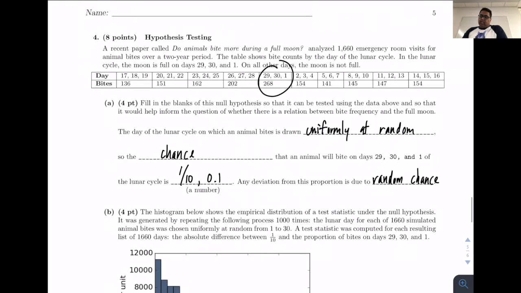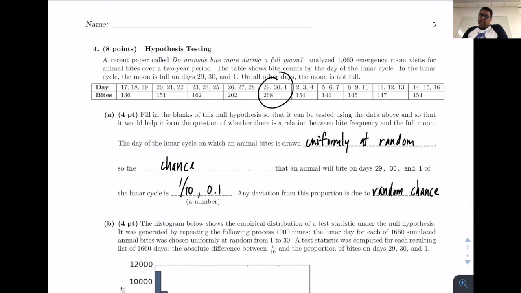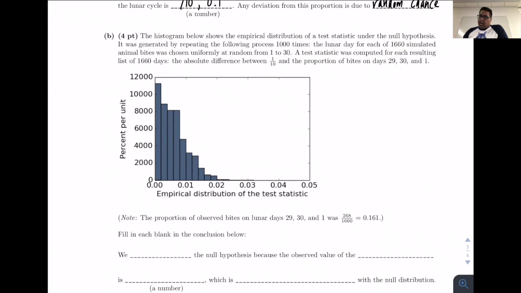So if we go back up here, we know that 268 out of 1,660 of the bites fell into the range 29, 30, 1. And here we have the empirical distribution of the test statistics, saying, okay, this is how far you should be from the average of 1/10.